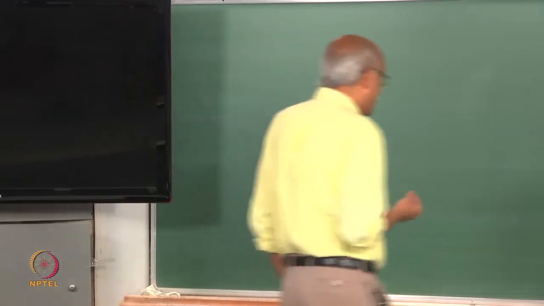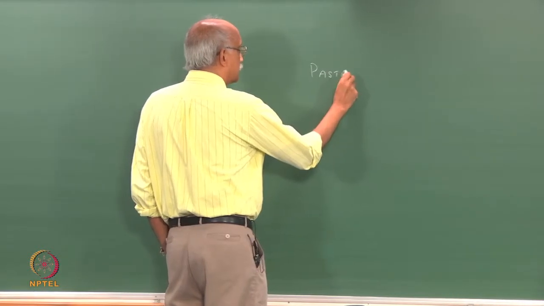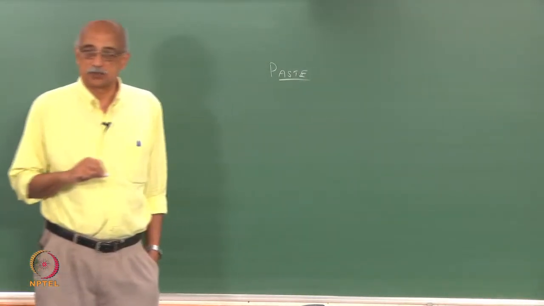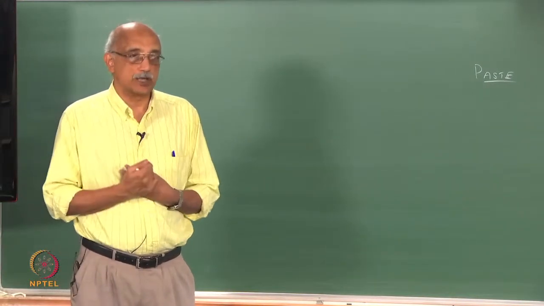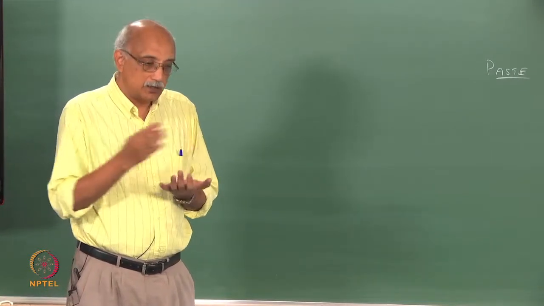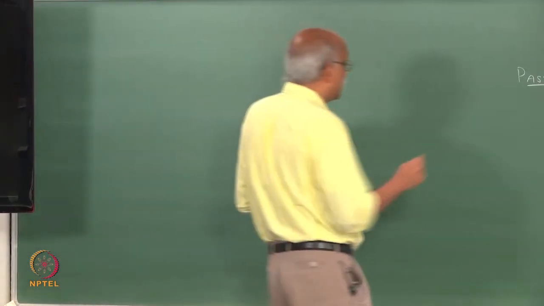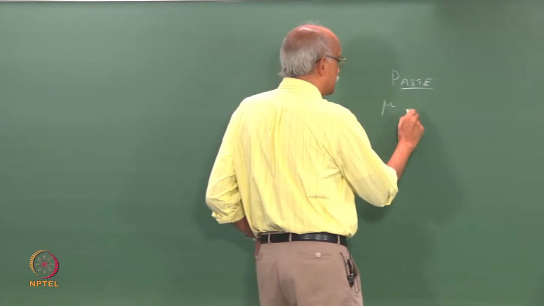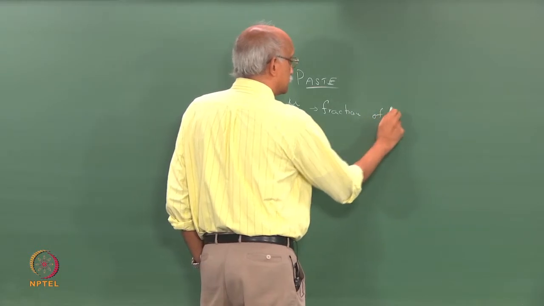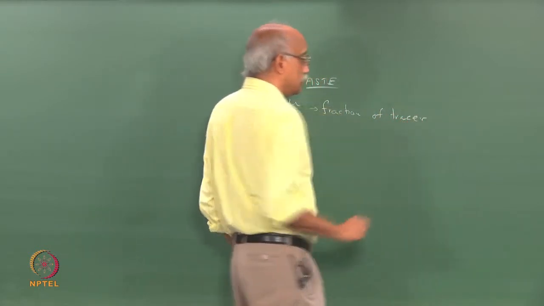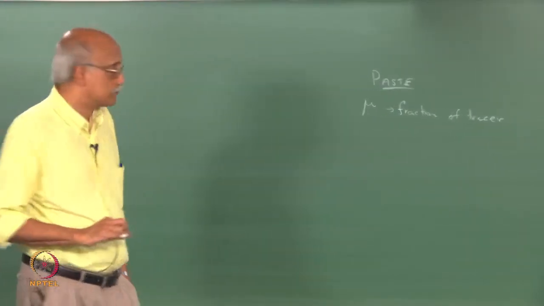So, for example, if you have a paste and you want to know how well mixed it is, one way to do that is to take some tracer, introduce it into the paste at time 0 and then monitor its concentration distribution over time. So, let us say that the concentration or its fraction is some mu as you introduce it into the paste at time 0.